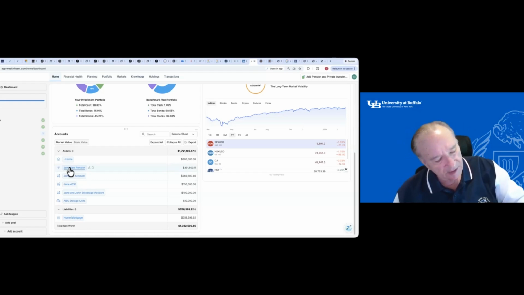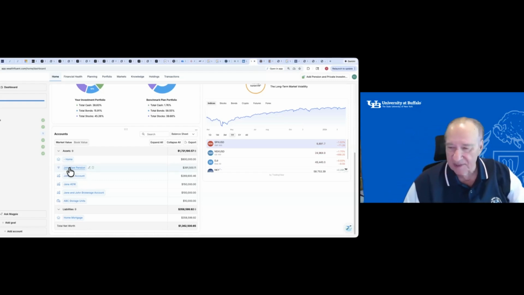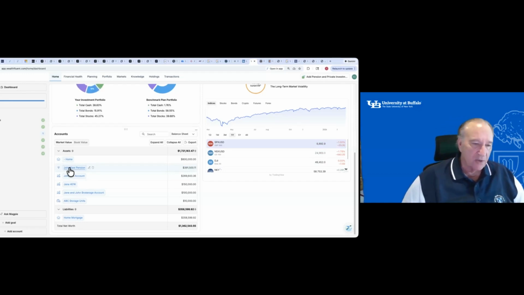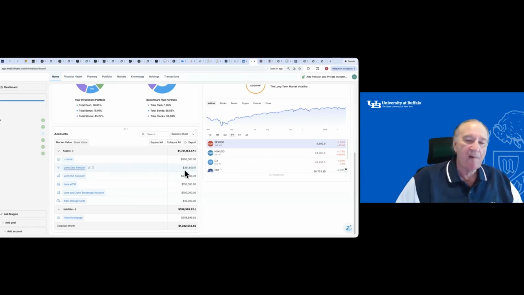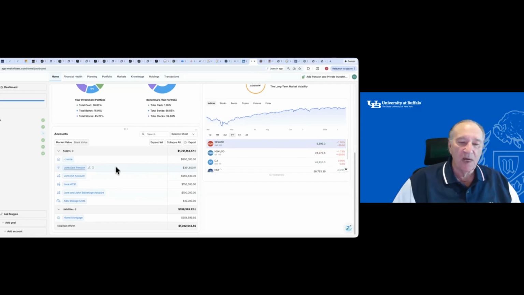He was in the military, and after 20 years, you get a pension for life, and you can go and get other jobs and so forth. So he's got that, but its present value is $391,500.